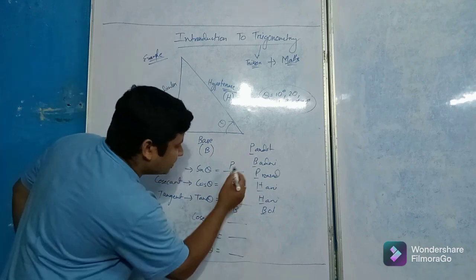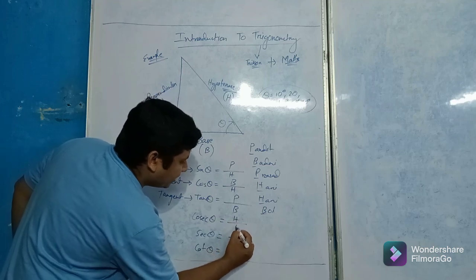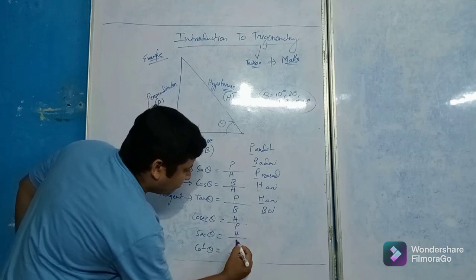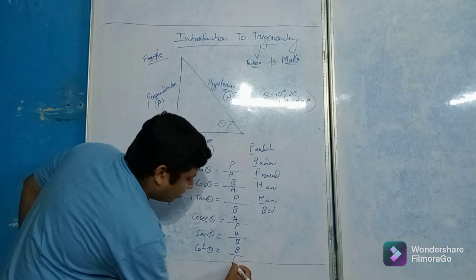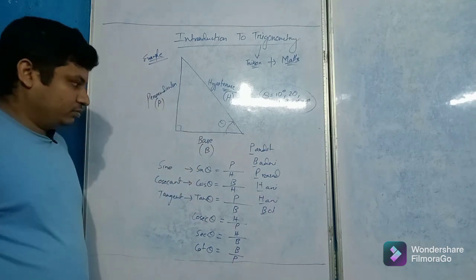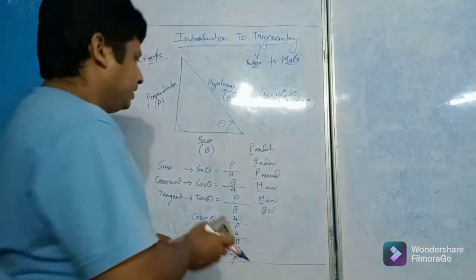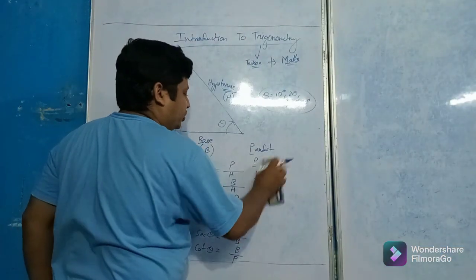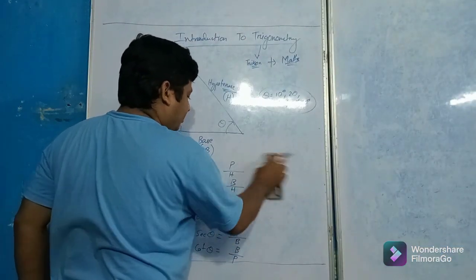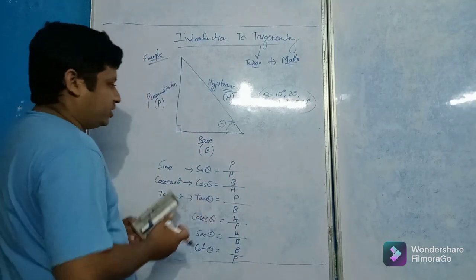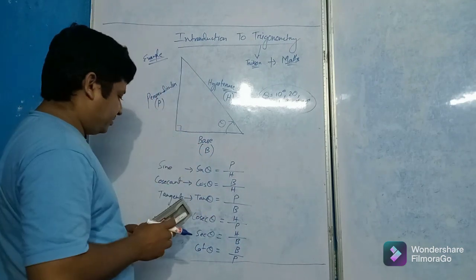Inverse means its inverse can be taken: h by p, h by b, b by p. So this is all about the trigonometric ratios.